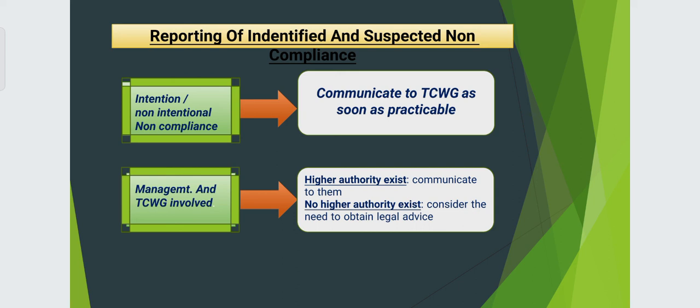If he comes to know that management and TCWG are both involved, then the auditor shall communicate with a higher authority if one exists. If there is no higher authority, then the auditor can consider the need to obtain legal advice. Higher authority here means the audit committee or supervisory board.